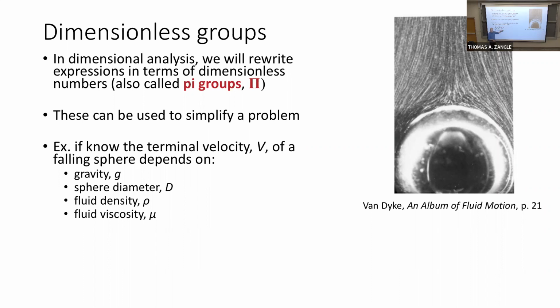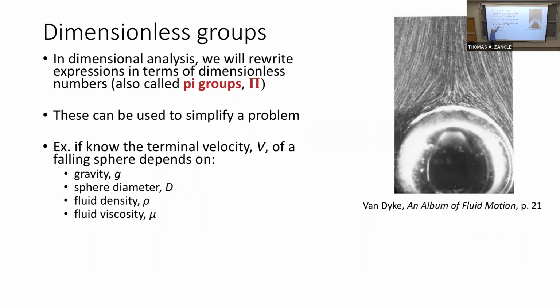The fluid density, so we would expect that the heavier the fluid is, the harder it is for the sphere to push it out of the way. And viscosity, because the more viscous the fluid, intuitively you might think of this thing having a harder time moving through it. Imagine the sphere going through honey versus water. It should be harder to move through honey.